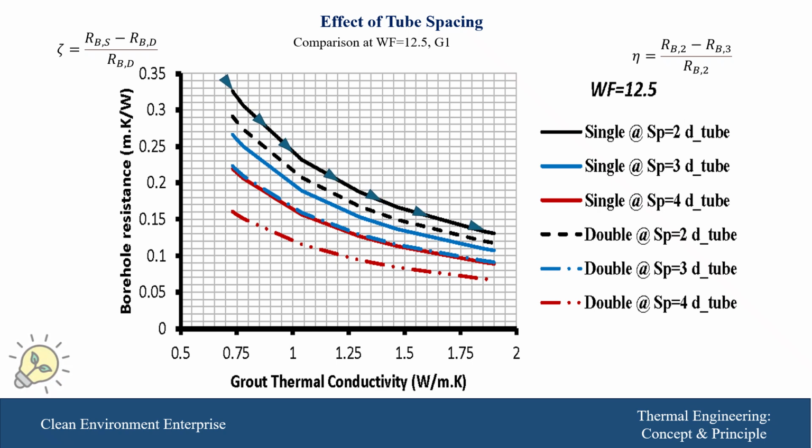And wherever the tubes are close to the boundary of the borehole, then we will get the lower value of borehole thermal resistance, and usually the single U-tube showed higher borehole thermal resistance than that of the double U-tube.